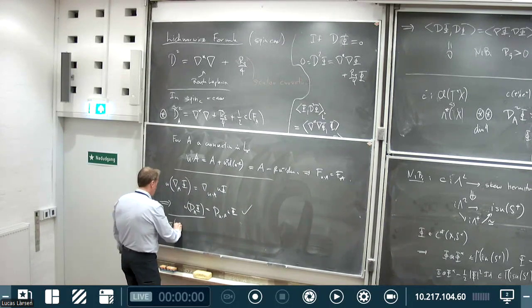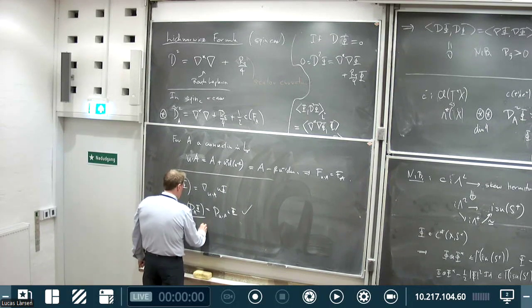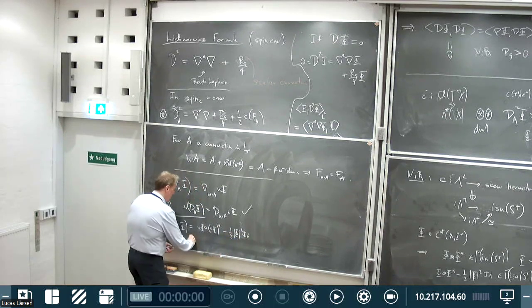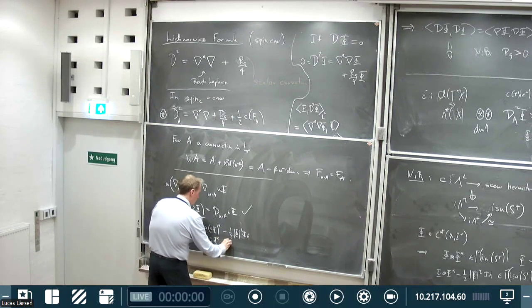But if I take sigma of u phi, well, that's u phi tensor u phi star minus now half the length of u squared. That doesn't change. But this is u phi tensor u bar phi star.